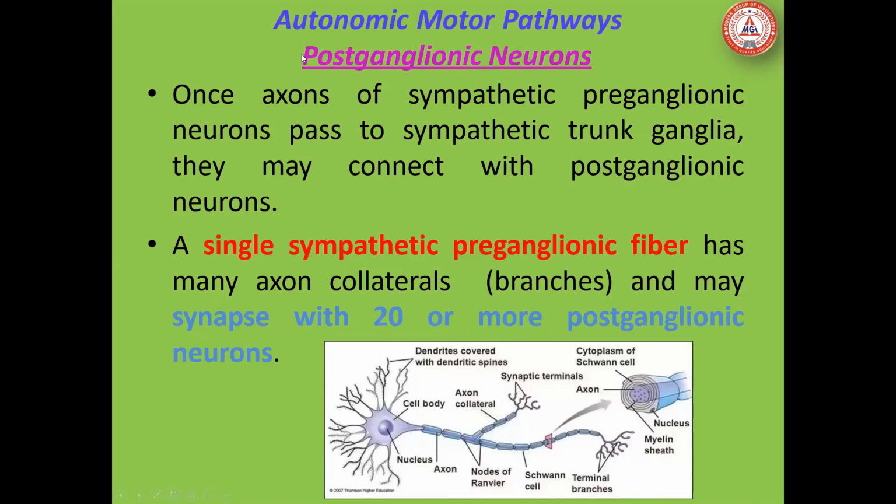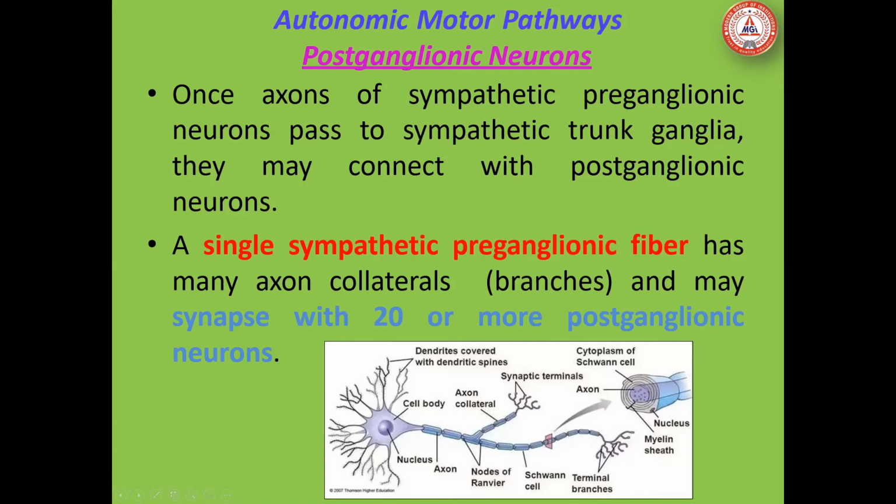Then what is a postganglionic neuron? Once the axon of a sympathetic preganglionic neuron passes the sympathetic trunk ganglia, it may connect to the postganglionic neuron. A single sympathetic preganglionic fiber has many axon collaterals and may synapse with 20 or more postganglionic neurons.